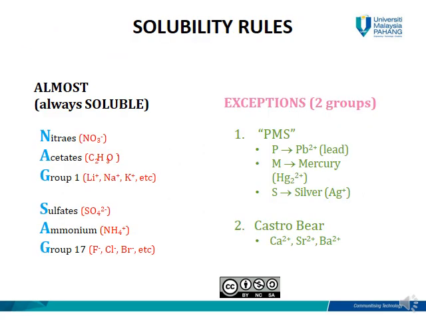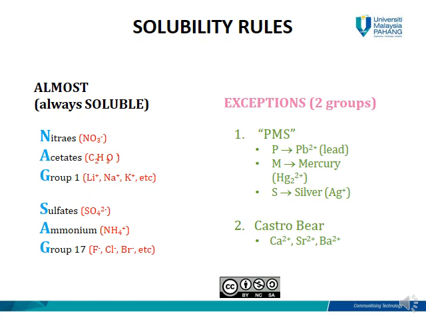Okay, when we talk about solubility, we always refer to how certain chemicals or salts can dissolve in water. That is the keyword that needs to come to your mind when you want to understand solubility.